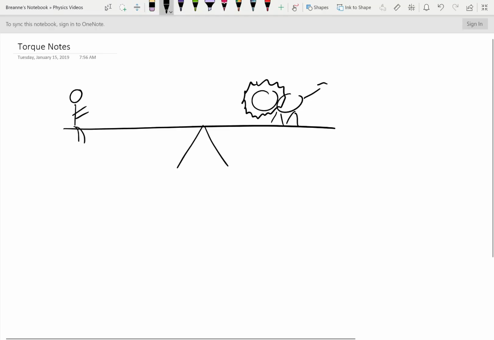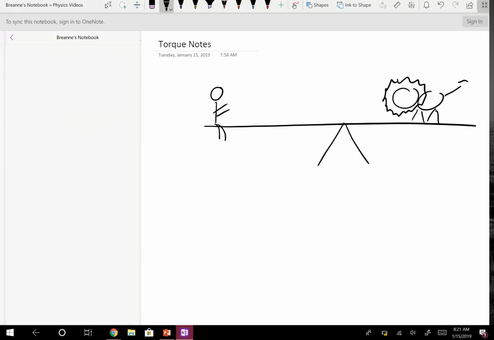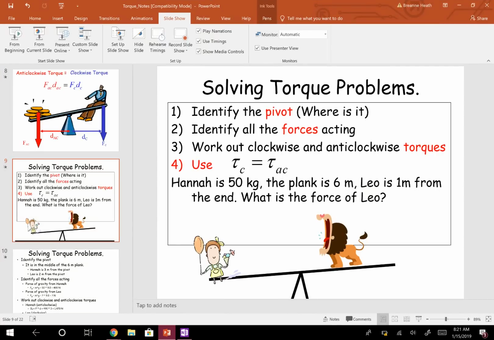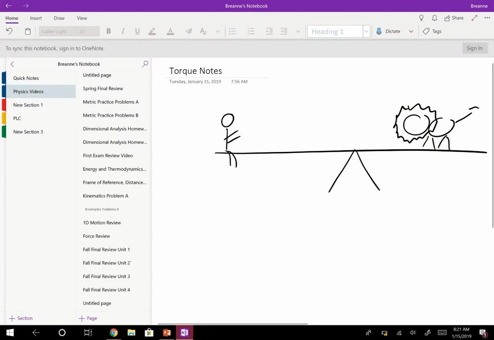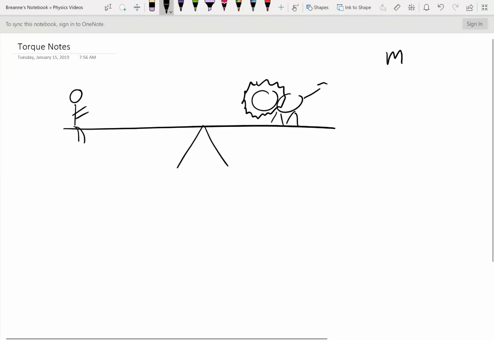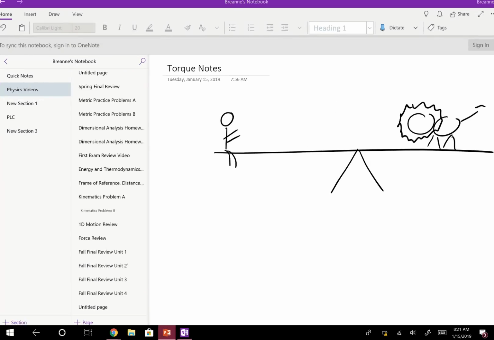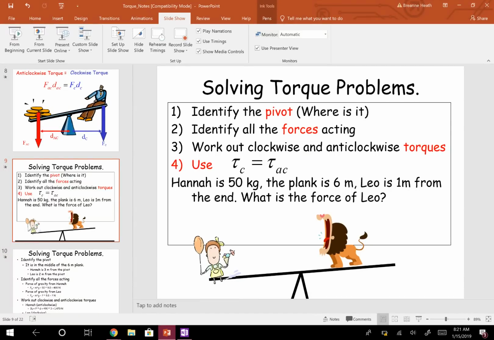The givens it gave us, it said that the mass of the little girl, which I do not remember the little girl's name right now. Let's go back. What was the little girl's name? Hannah. So the mass of Hannah is 50 kilograms. And the mass of Leo was... Nope, we don't know the mass of Leo.